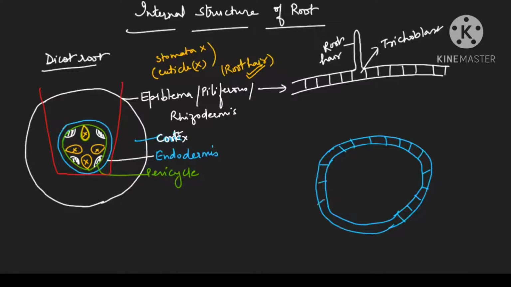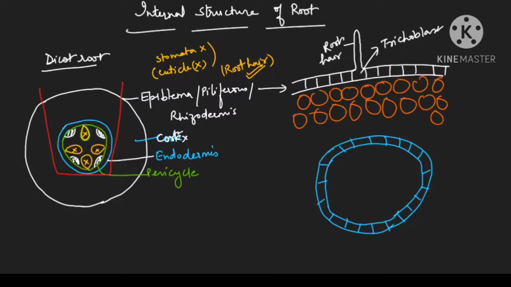And between the epidermis and endodermis, this is your cortex with loose parenchymatous tissue.